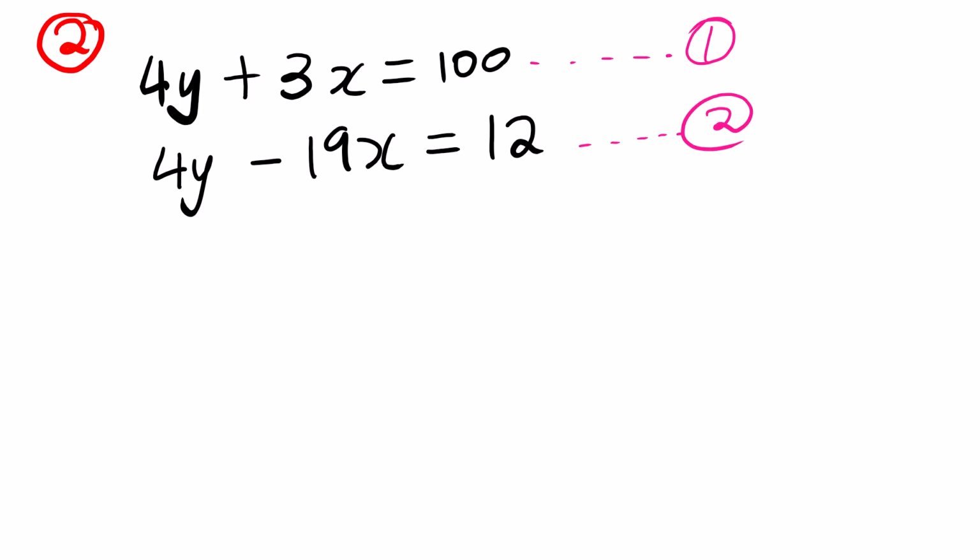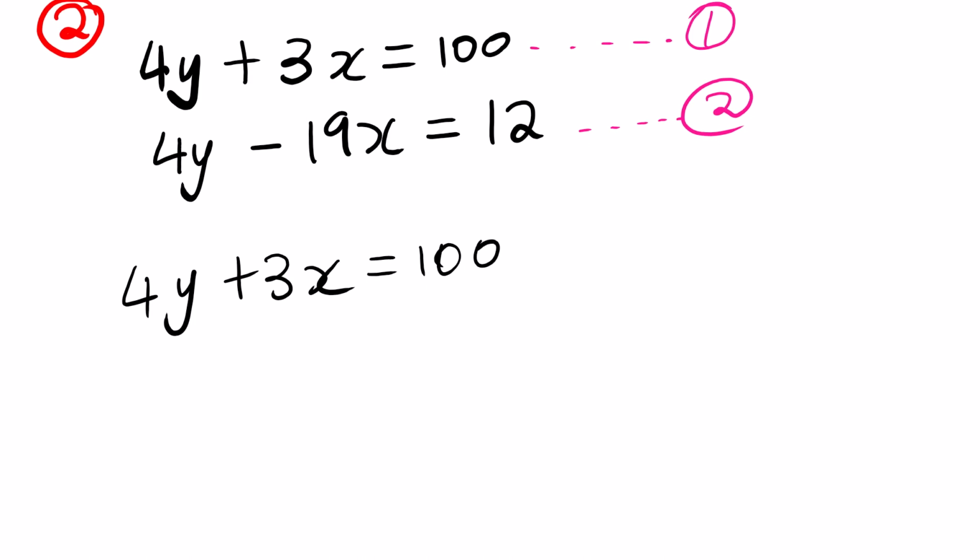Now I will choose equation 1 and then I will make x the subject of the formula. So 4y plus 3x is equals to 100. It's just an indication that I chose equation 1. And then from there I will transpose any term which has y variable. So I'm going to transpose this to the other side.